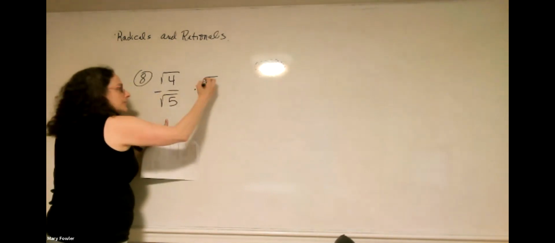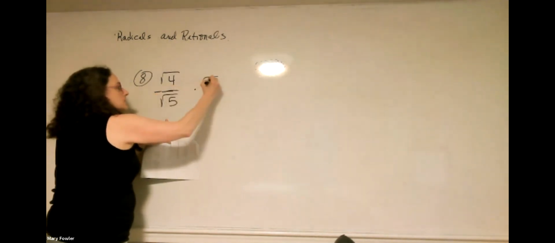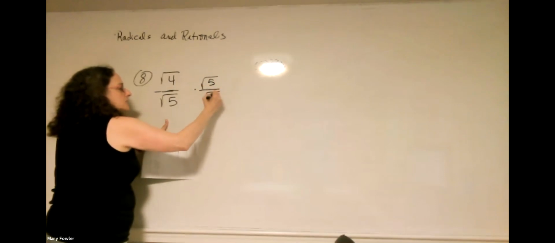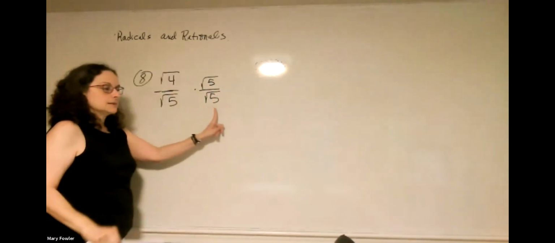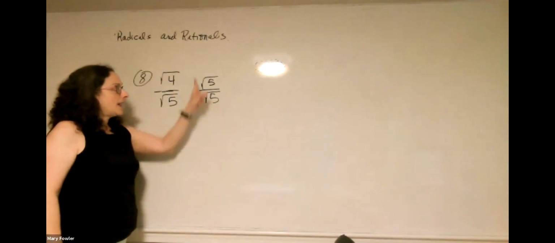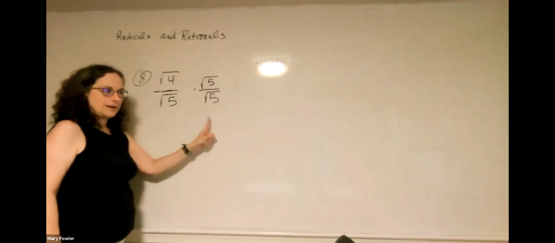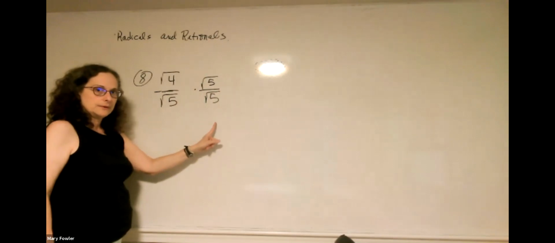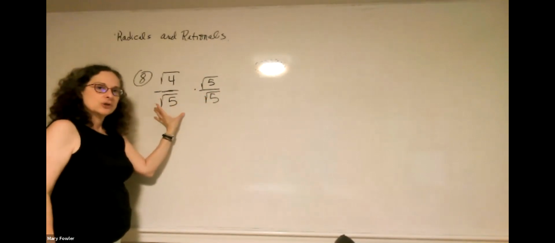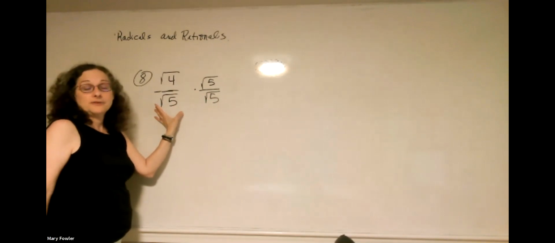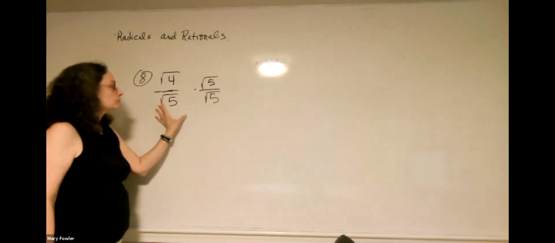So this is the square root of 5. So we can multiply square root of 5 times square root of 5. Number 1, it's a fair operation. It has a numerical value of 1. Anything over itself is 1. So when we multiply by 1, we do not change the value of any number or expression.